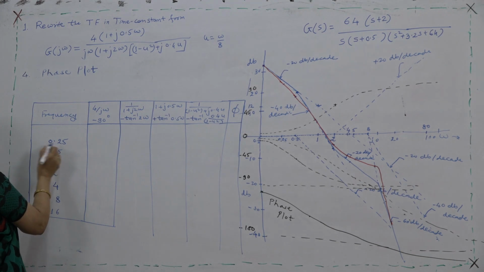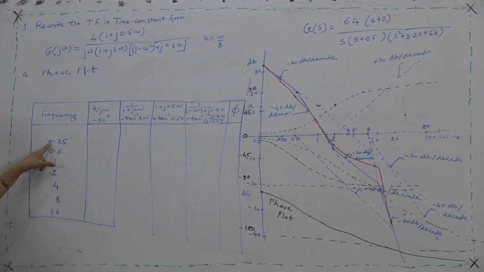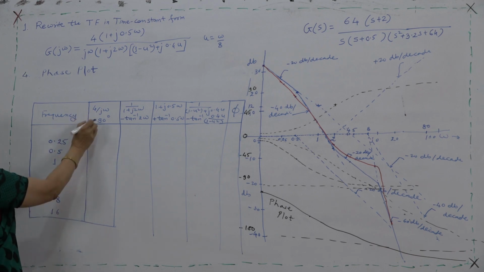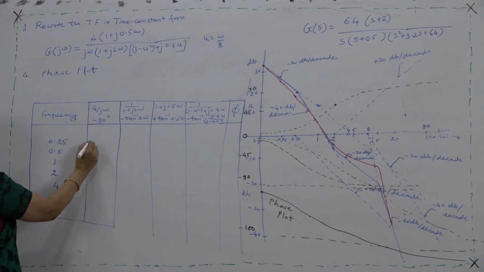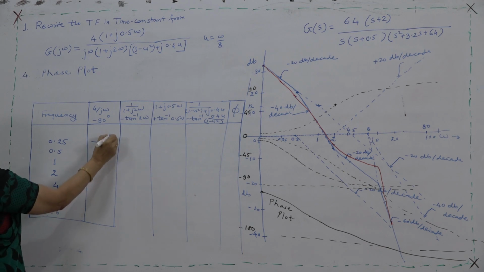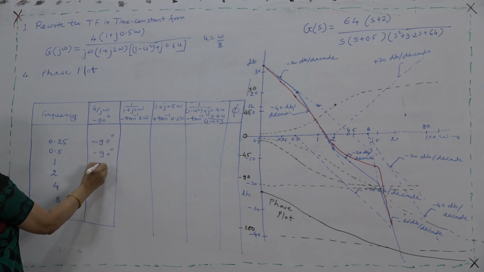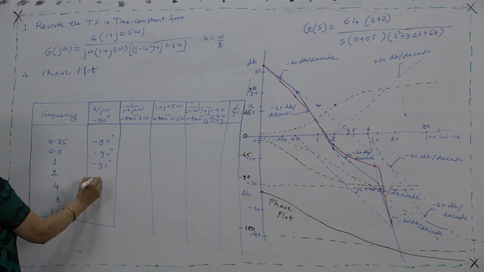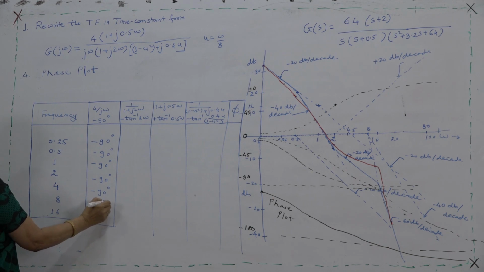Okay. So, what we are doing now? For the point 25 or for the complete row, it contributes minus 90 constant. So, you write here minus 90, minus 90, this is constant.